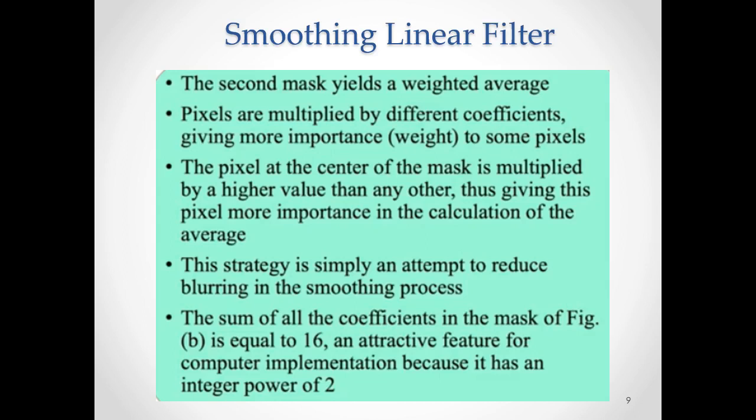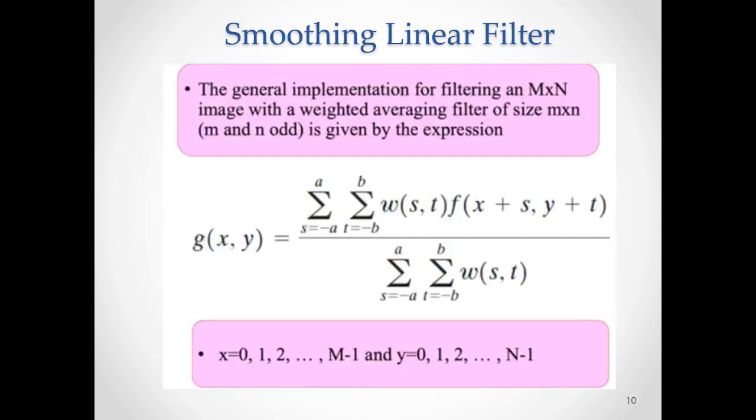Figure B is the example of weighted smoothing filter. This filter will produce the weighted average. Here, each pixel value is multiplied by a different coefficient, giving more importance to some pixels.